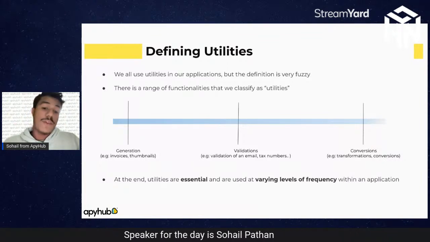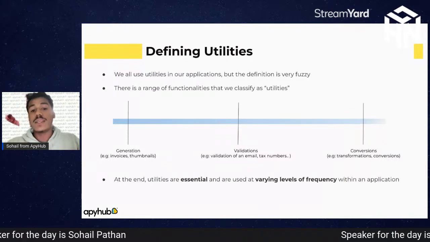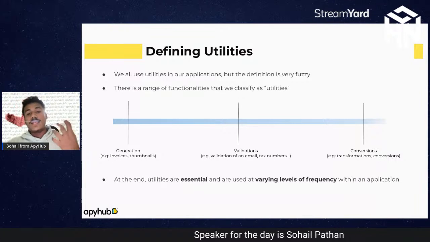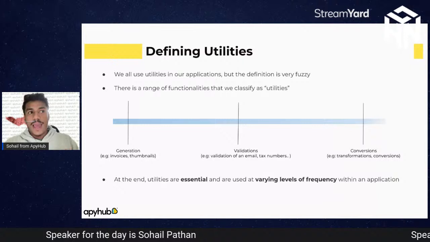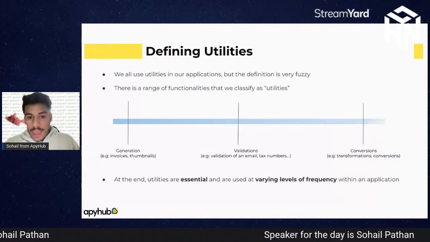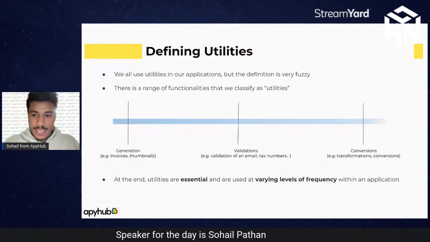So validation of an email is also needed, and email sending is also needed. Sending an email is also a utility activity, right? In the validation domain, you validate email, name, and sometimes PAN. These activities we call utilities as well.